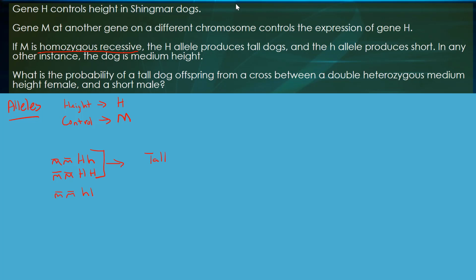So here's what short's going to be. Now, therefore, in all of the other instances, so in other words, if we've got a big M, little m, that's another instance. And really, it doesn't matter what the H's are. These are all going to be medium height. So really, the H is basically shut off by this big M. Two little H's, don't matter.